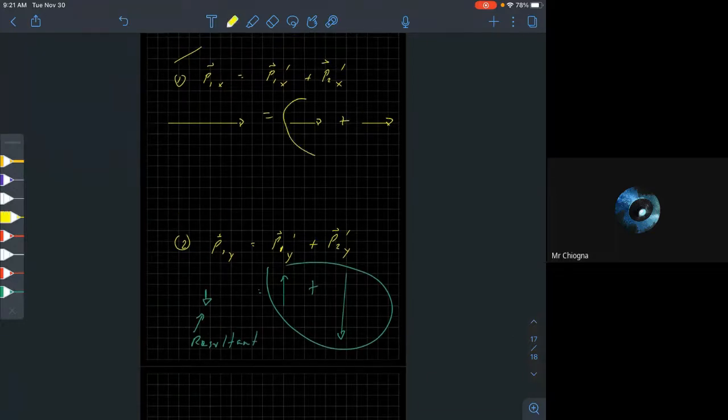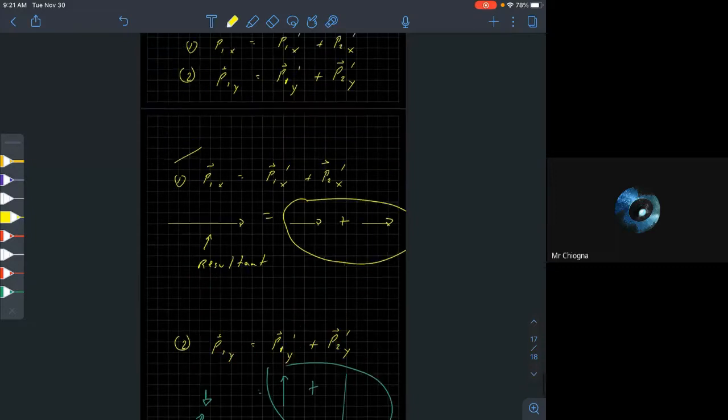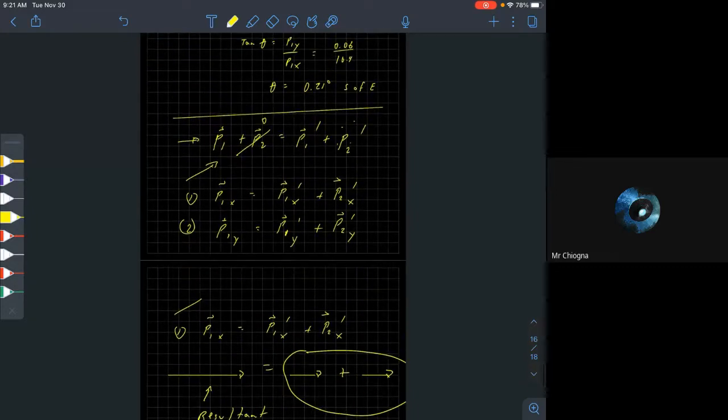These two yellow arrows add tip to tail to give you this, the resultant. We'll do more. But that's essentially what you're doing. You're turning this one equation into two. One for the x, one for the y.